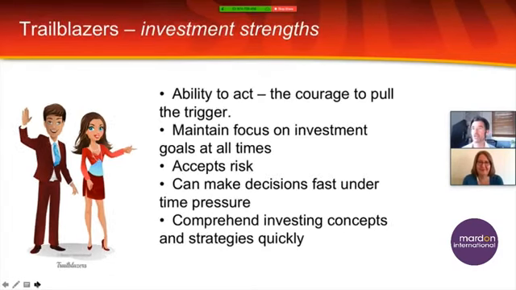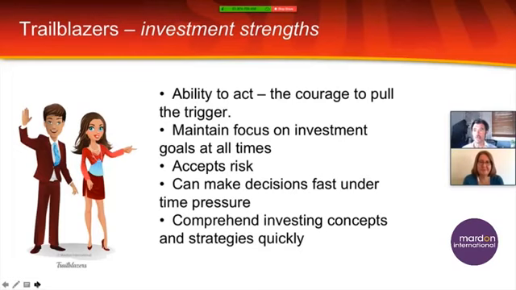So when we start to look at their investment strengths, they've got a great ability to act, the courage to pull the trigger. Typically what you'll see with trailblazers is they have a lot of courage because of that warrior subpersonality.